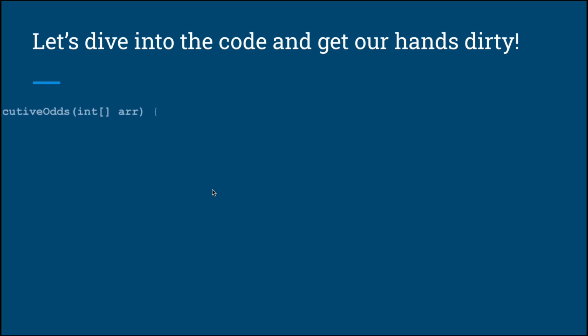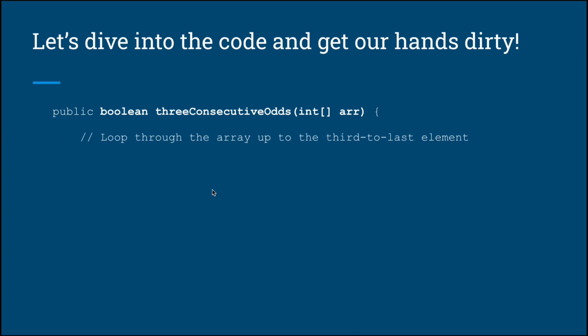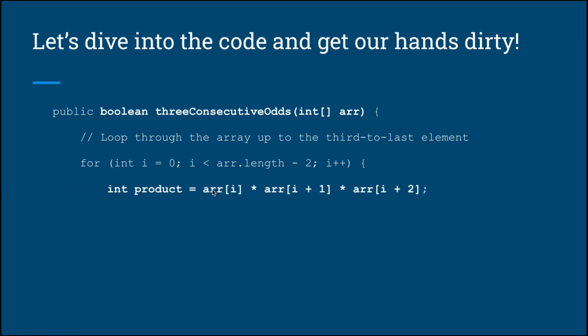So just start writing the code. First of all, we'll define the function, then loop through the array up to the third-to-last element. We'll go from 0 to length minus 2, and we'll take a product. I was talking about this product.